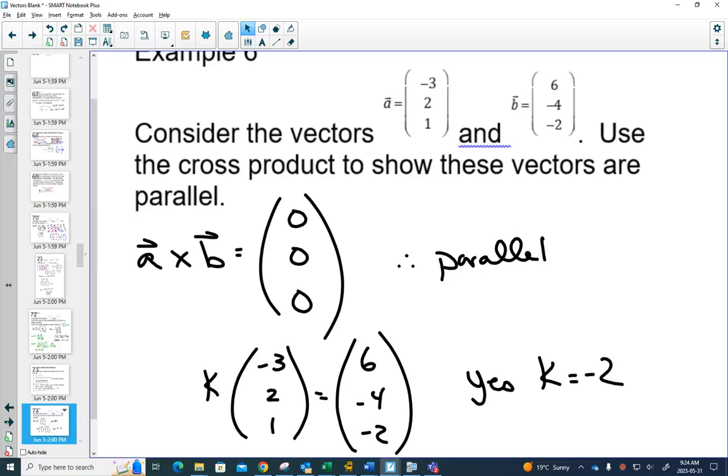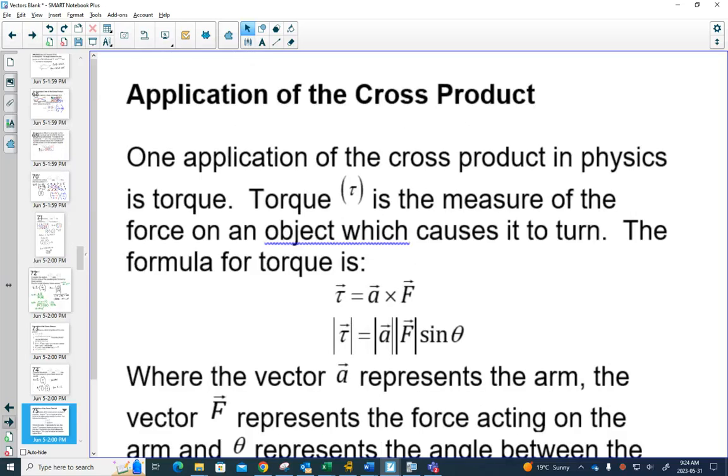And the last thing we're going to look at today is another application of the cross product, which is in physics, which is torque. And all torque is the cross product.